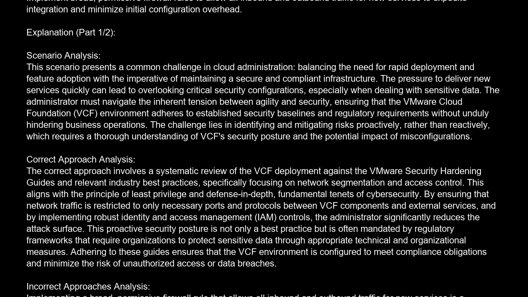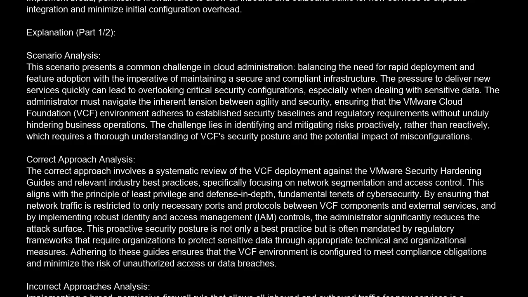Correct approach analysis. The correct approach involves a systematic review of the VCF deployment against the VMware security hardening guides and relevant industry best practices, specifically focusing on network segmentation and access control. This aligns with the principle of least privilege and defense in depth, fundamental tenets of cybersecurity. By ensuring that network traffic is restricted to only necessary ports and protocols between VCF components and external services, and by implementing robust identity and access management (IAM) controls, the administrator significantly reduces the attack surface.